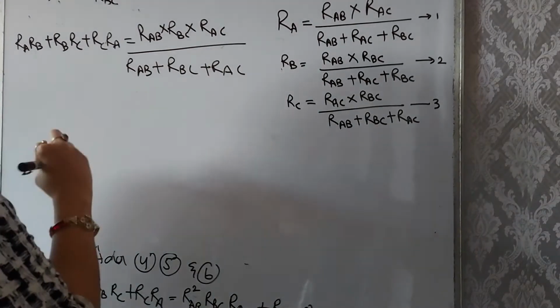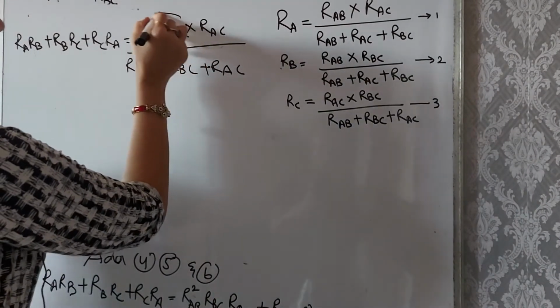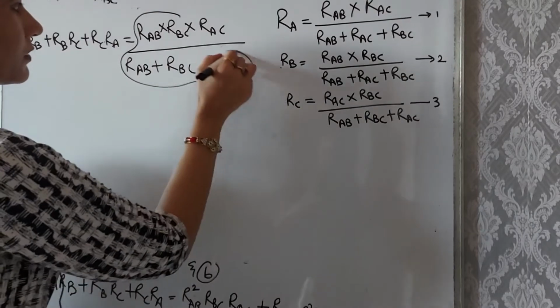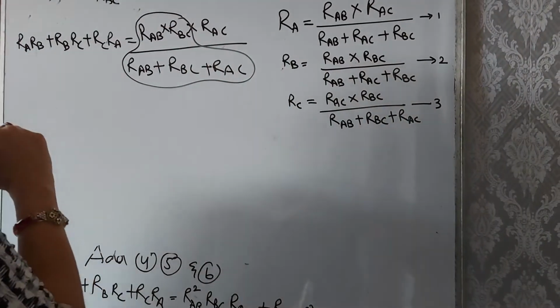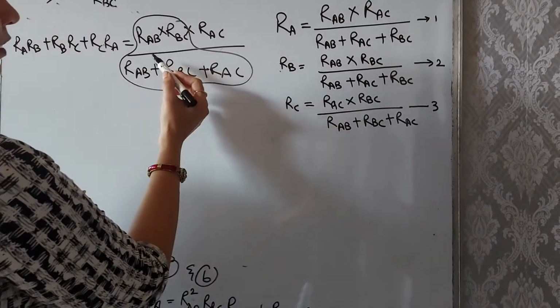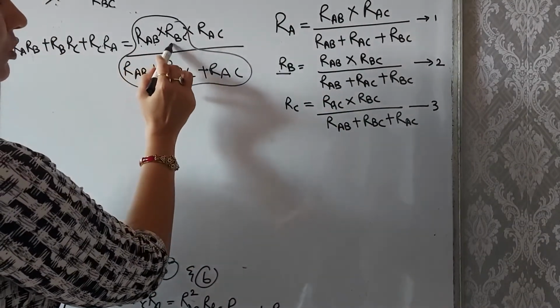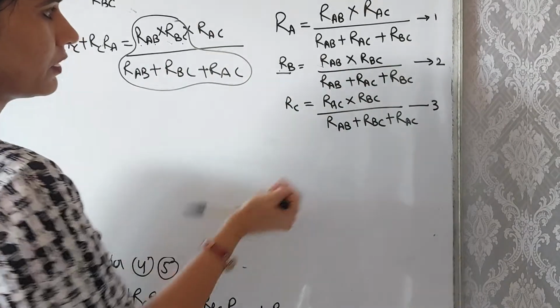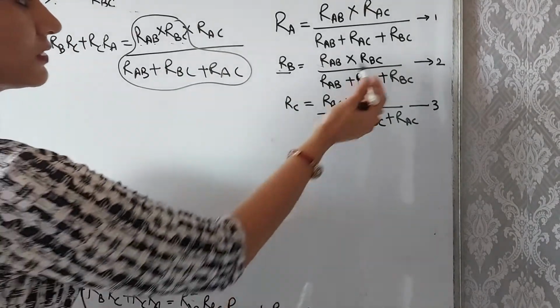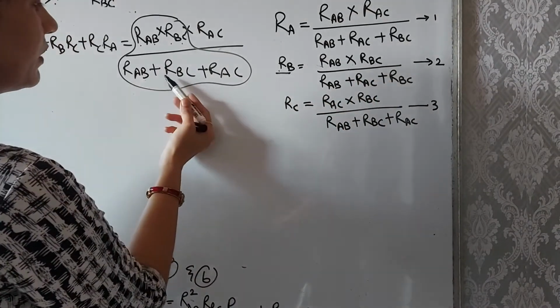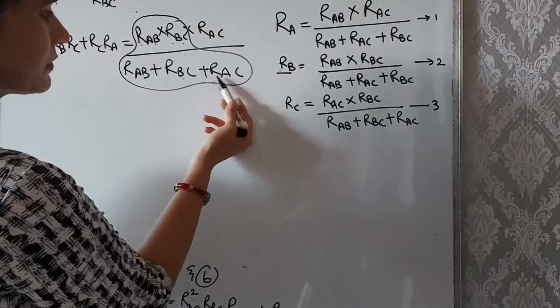So if we look into this equation, this part is our RB, RAB into RBC upon RAB plus RBC plus RAC.